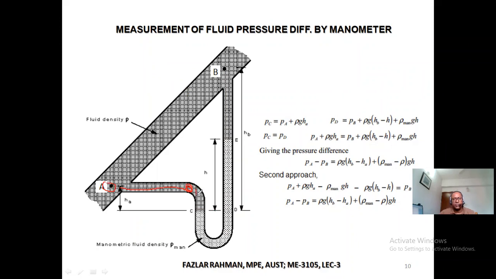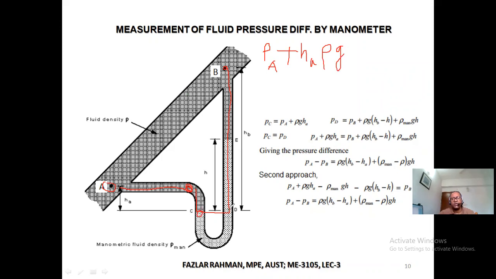So ultimately you need to walk down right here. Then vertically you come to point B. So what is the pressure over here? PA. Then that means PA is coming down, that means plus. What is the height? HA rho g.